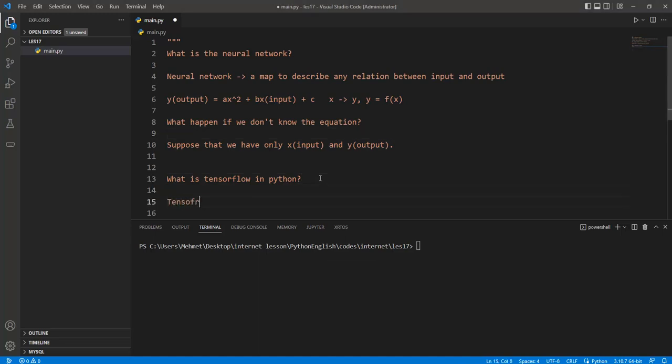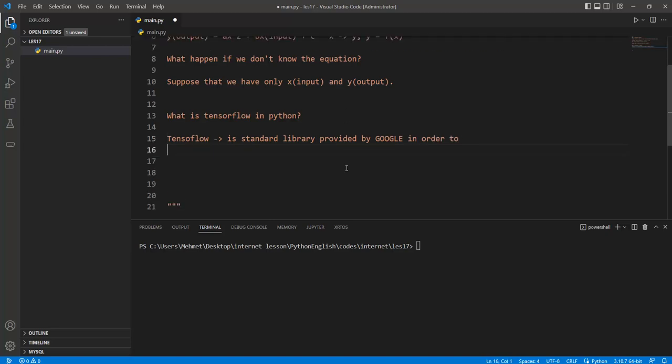TensorFlow is a standard library provided by Google in order to create your own neural network structure and also train your neural network structure and predict or estimate or generate the output of your neural network structure.